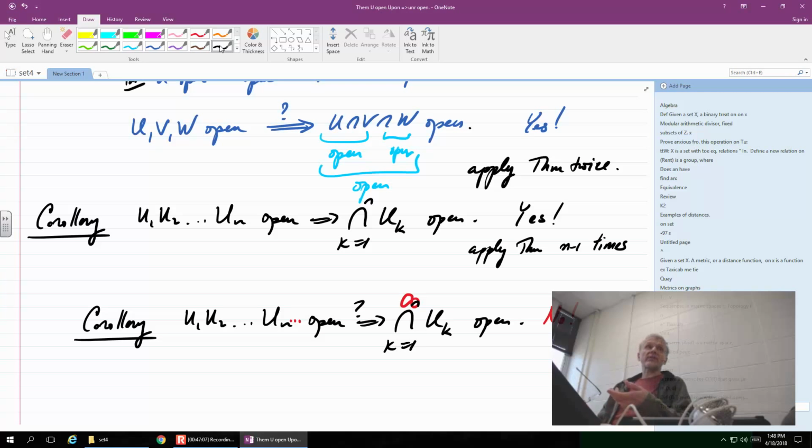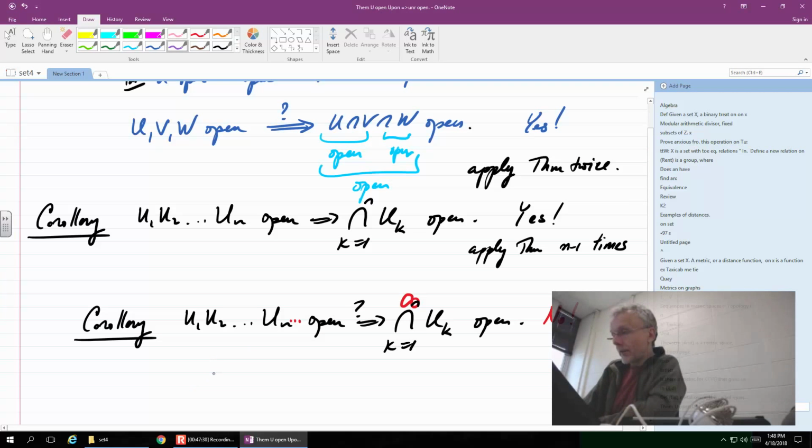By the way, what's the simplest closed set? Well, the simplest closed set is the empty set. What's the next one? A point. A point is closed.